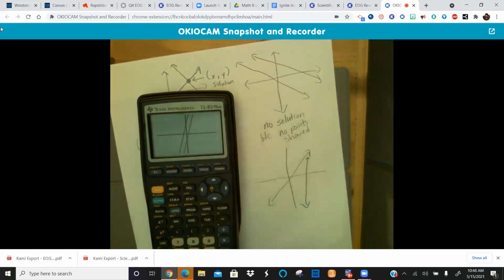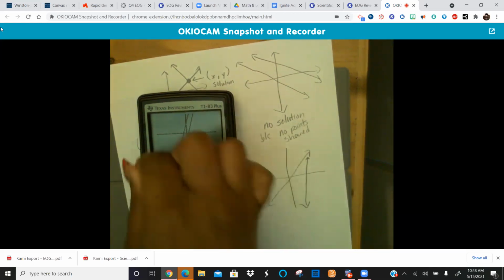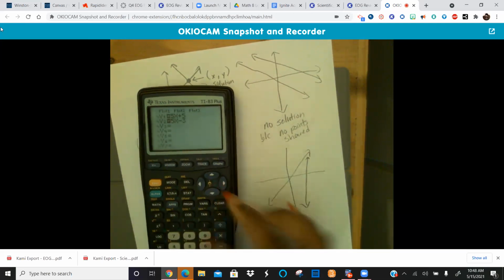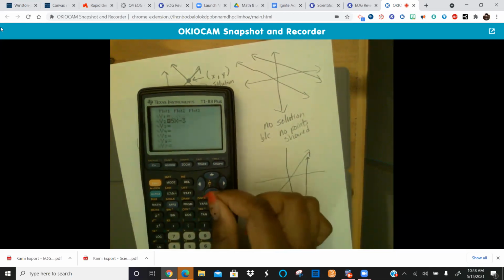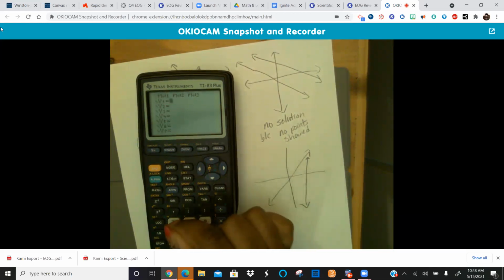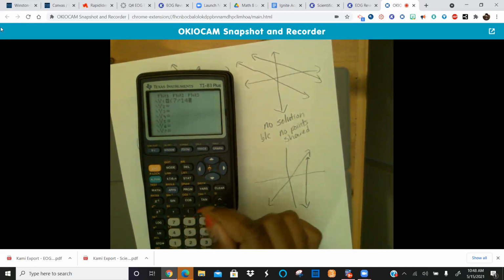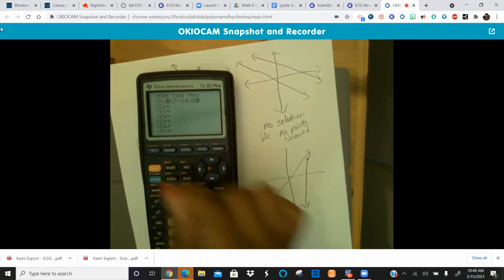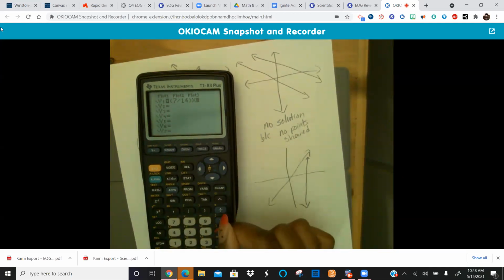All right. Let's do one more. Y equals, let's suppose that we have parentheses 7 divided by 14, and then we got x, let's do minus 6.